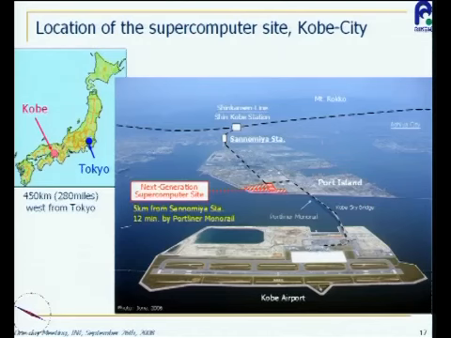The location of the supercomputer site is in Kobe City. Kobe City is 450 kilometers west of Tokyo, almost 280 miles. This picture shows you the location of the site.